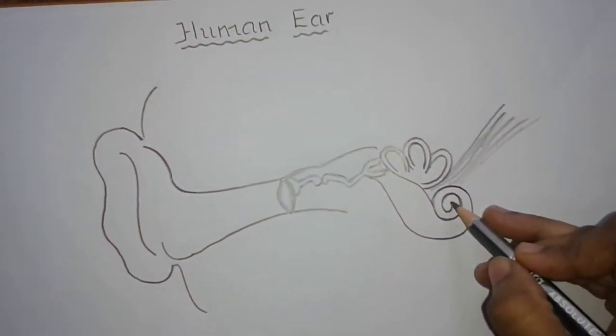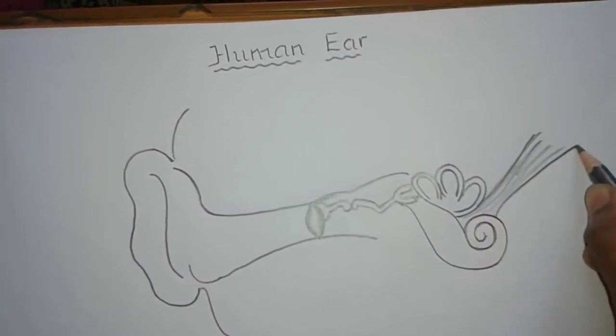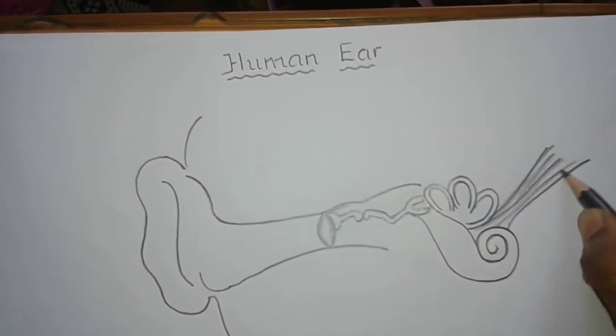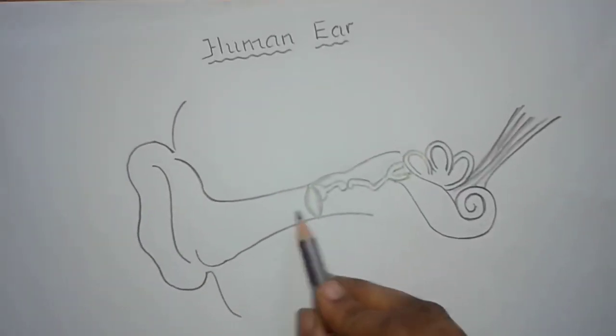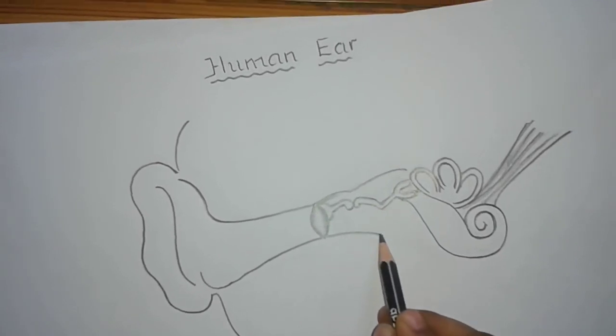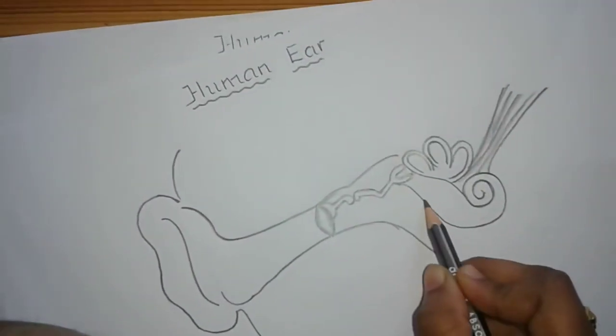The cochlea contains the receptors which join together to form the auditory nerve. Now children, to maintain the air pressure on either side of the tympanum, there is a tube called the eustachian tube. So draw the eustachian tube.